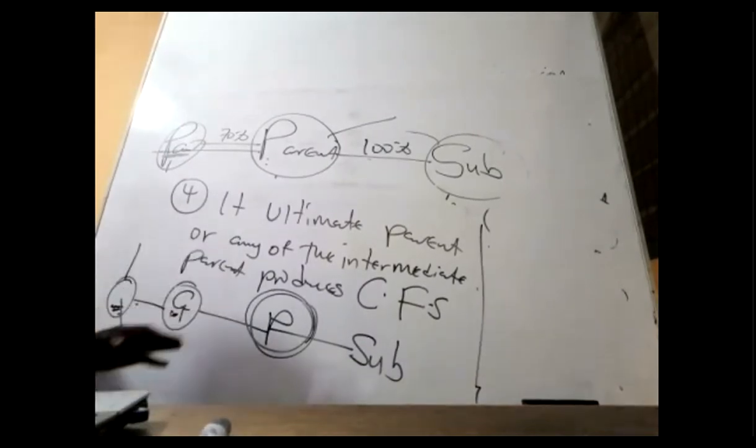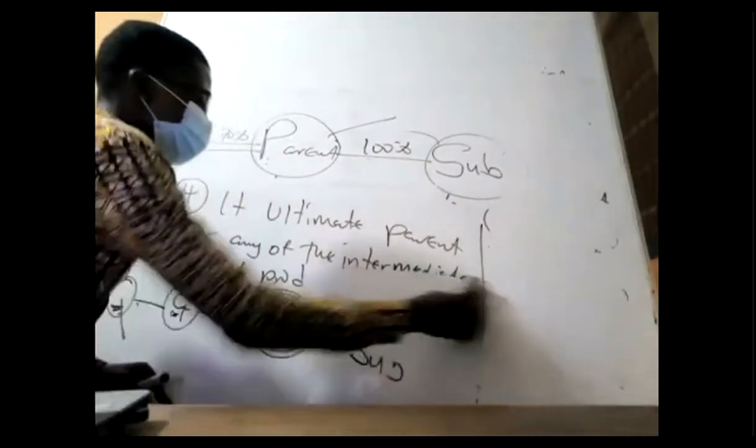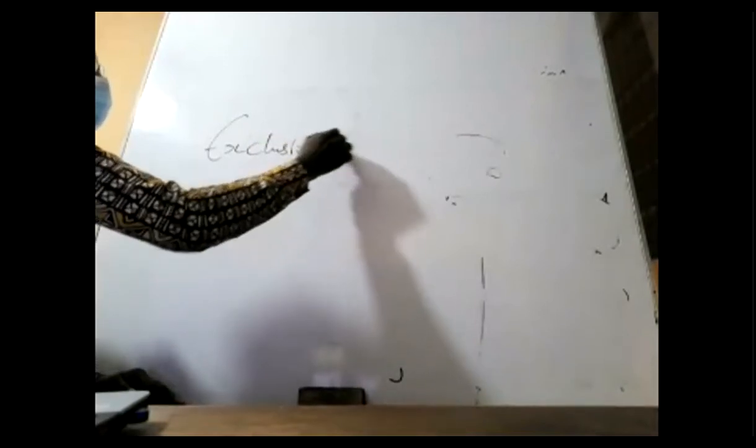So what we've done so far is the exclusion of parents. What I'm going to look for now is the exclusion of subsidiary from consolidation.